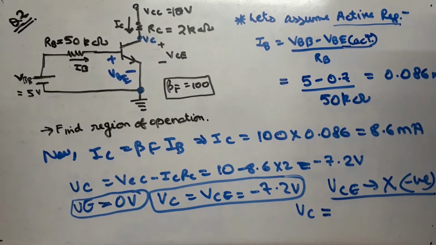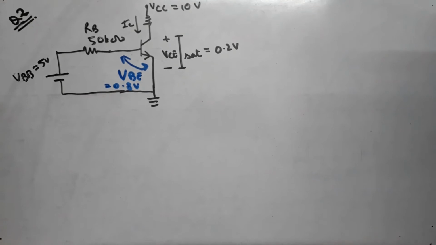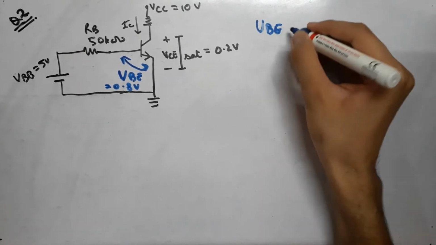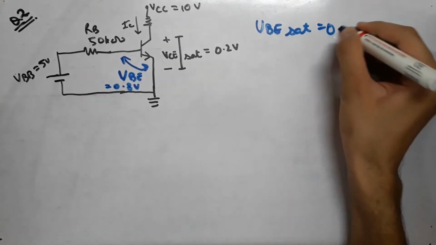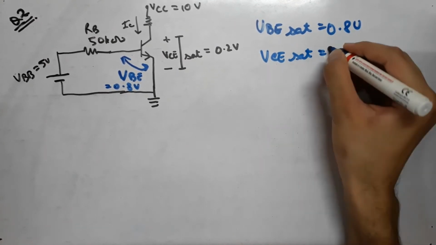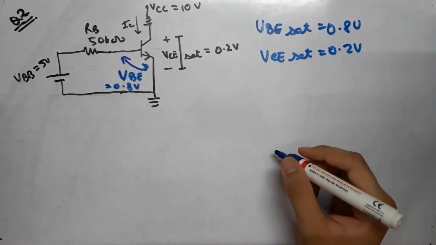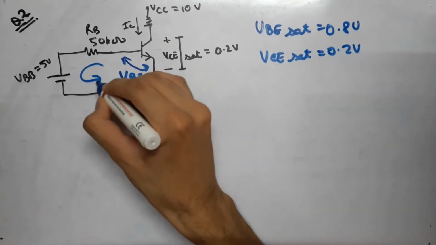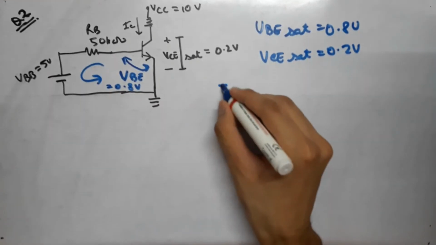For that we are going to draw the circuit again. Now we have drawn this circuit again, as we found out that the BJT is not in active mode. So we will now do it for the saturation region. We know that for saturation, VBE saturation is equal to 0.8 volts and VCE saturation is equal to 0.2 volts. Now from the base loop, we will find IB.